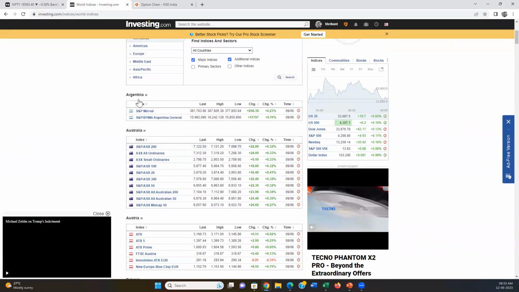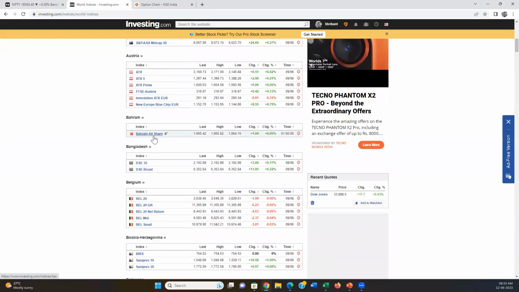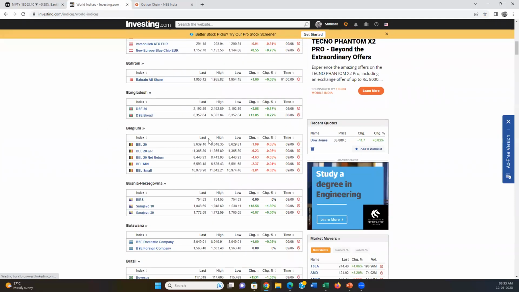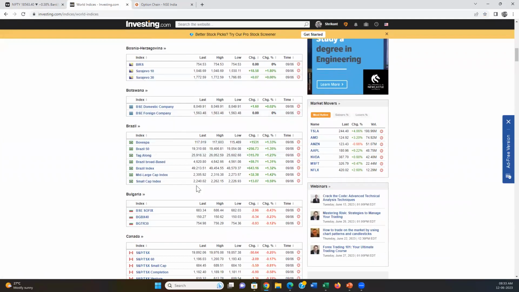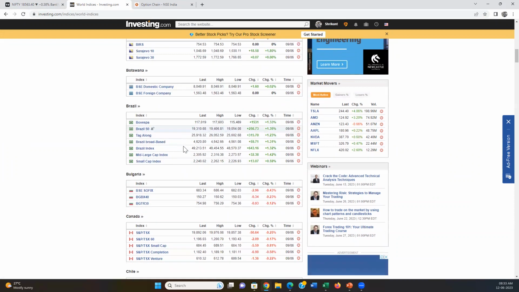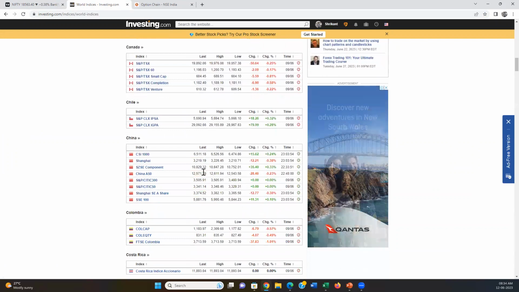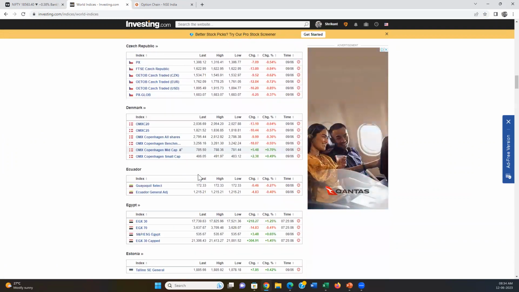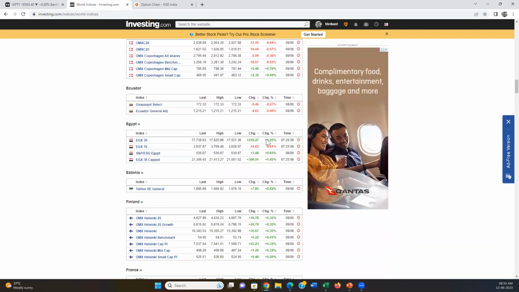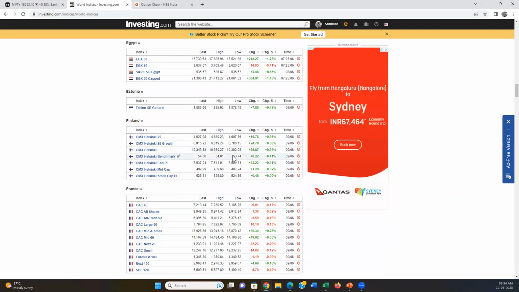Australia flat. There's nothing. Belgium slightly negative. Brazil much more; the closing on Friday was very positive. Canada negative. China flat. Egypt was positive, Finland was positive, but equal to flat only.